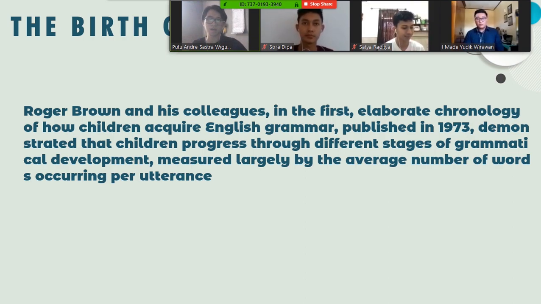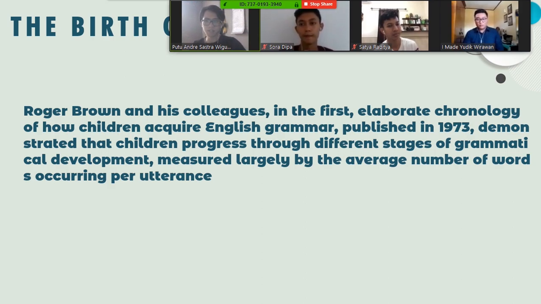Roger Brown and his colleagues, in the first elaborate chronology of how children acquire English grammar, published in 1973, demonstrated that children progress through different stages of grammatical development, measured largely by the average number of words per utterance. Although individuals differ, especially at very young ages, in the speed with which they move from one stage to another, all children begin to create sentences after the holophrastic stage, first with two words and subsequently with more.